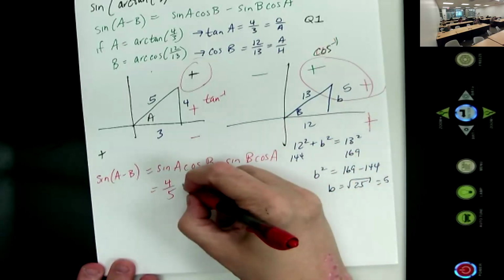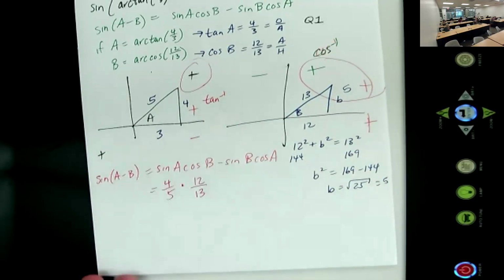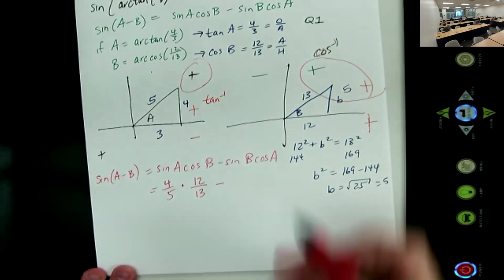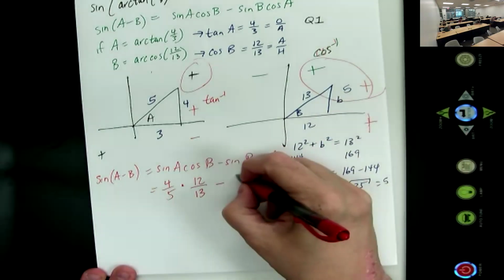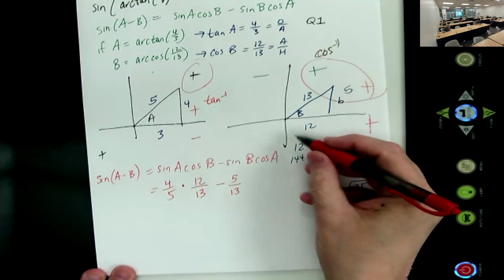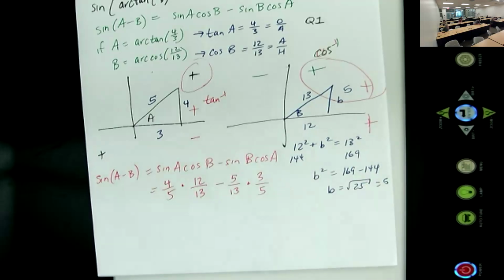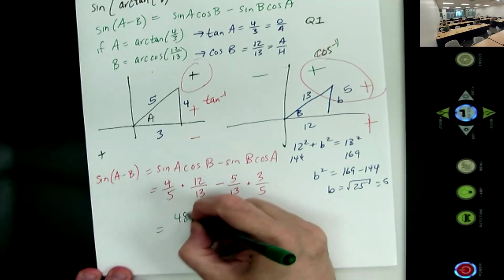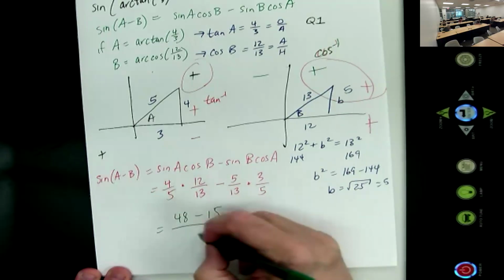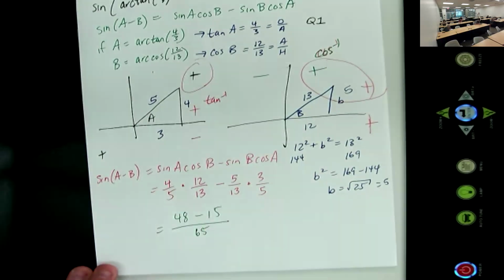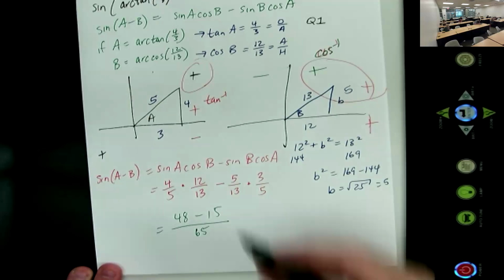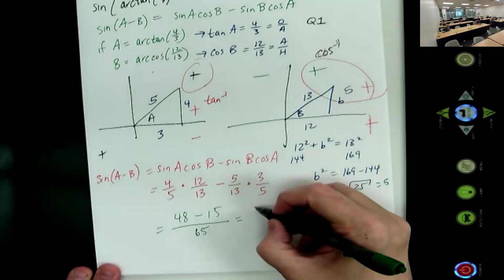Cosine we already had, it was 12/13 for cosine B. And we got minus sine of B. Sine of B is 5 over 13. And cosine A is 3 over 5. 48 minus 15 over 5 times 13 is 65. That's 33 over 65.